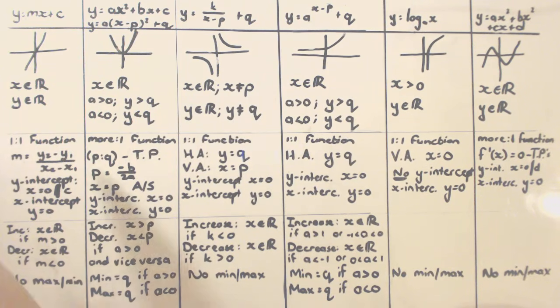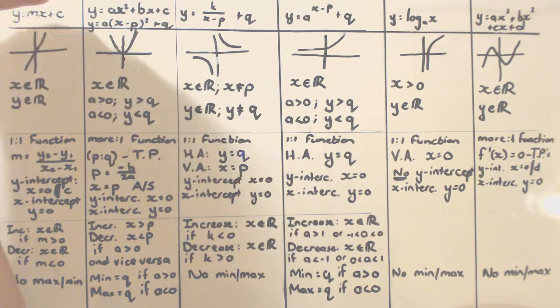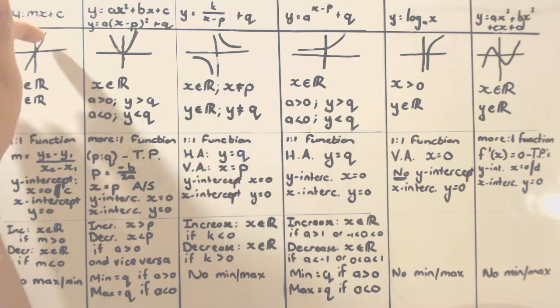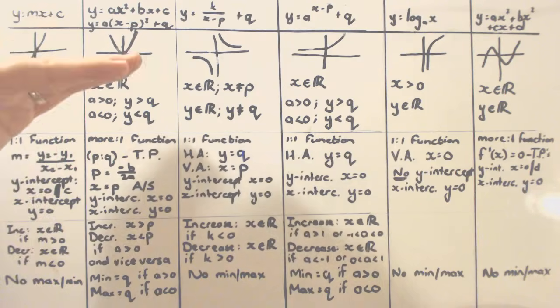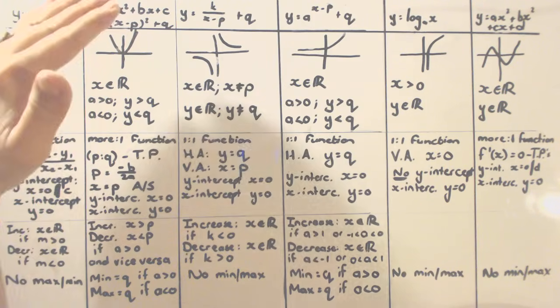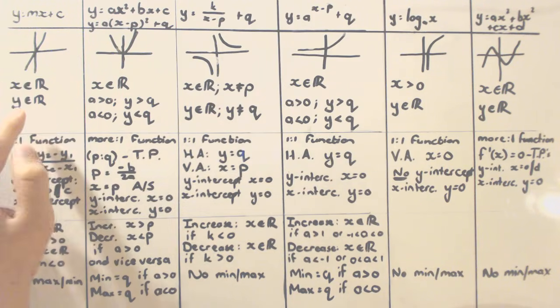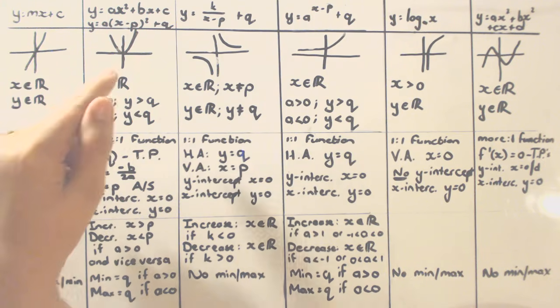For the straight line, because the line just goes continually over the spectrum, my possible x values, my domain, will always be all real numbers, and my range will also be all real numbers. It doesn't matter how the line is turned or moved. This is always my domain and range for the straight line.